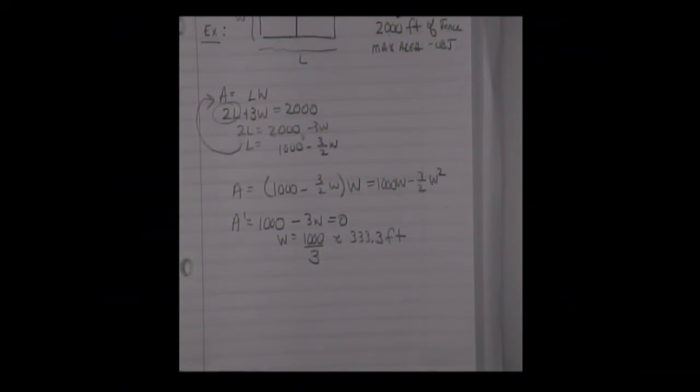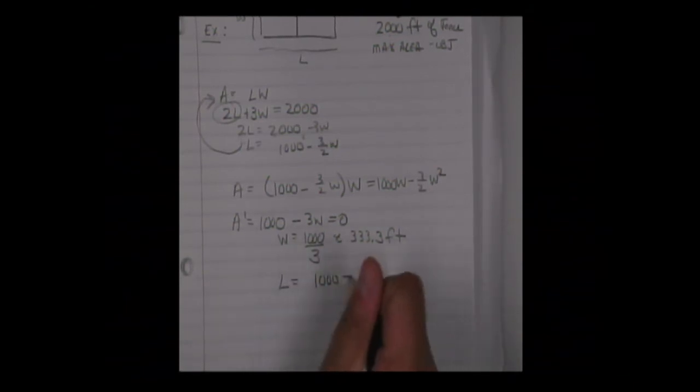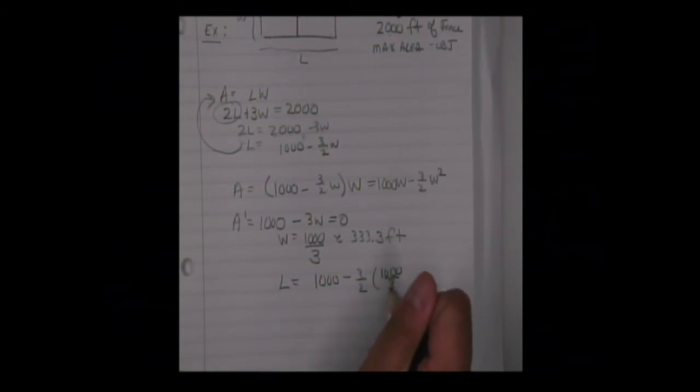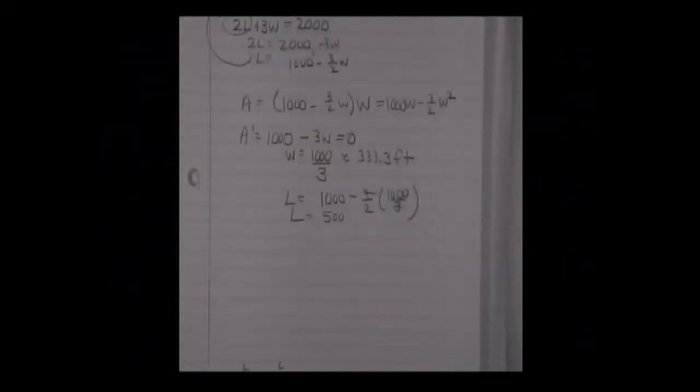Go back and get the length. The length is 1,000 minus 3 halves the width. I'm not going to use the decimal for the second because the math comes out nicely if I don't use the decimal. I get that L is 500 feet.